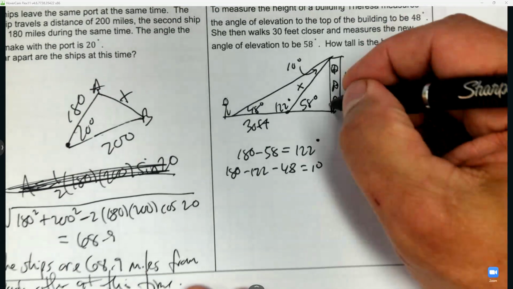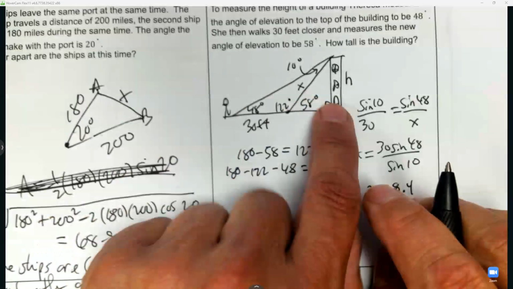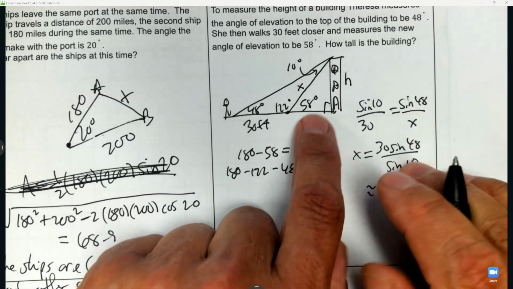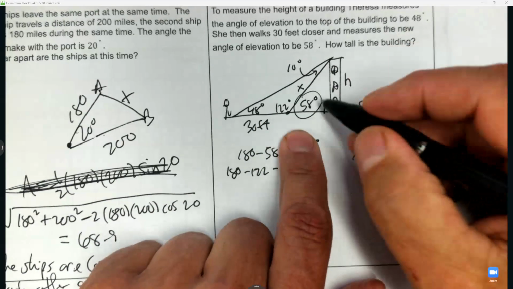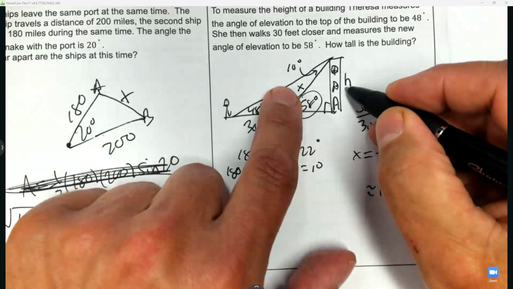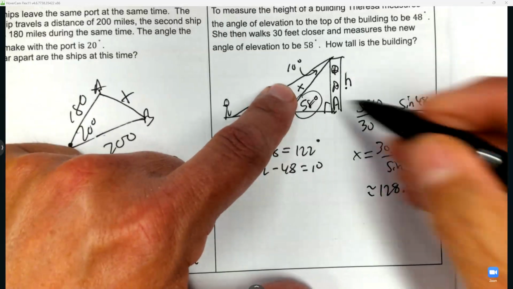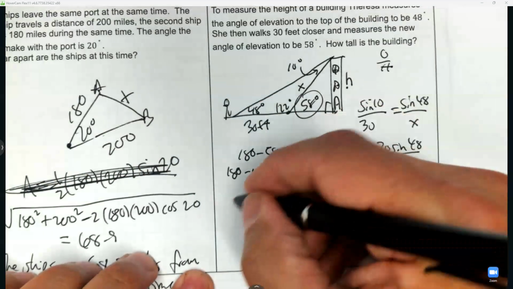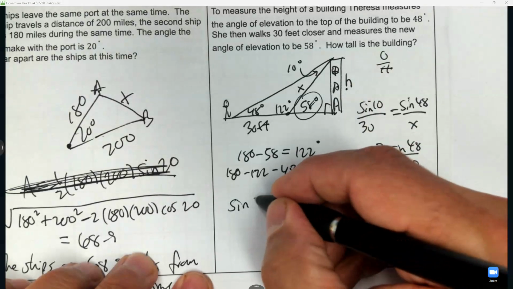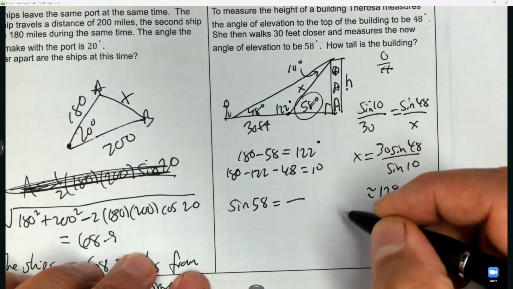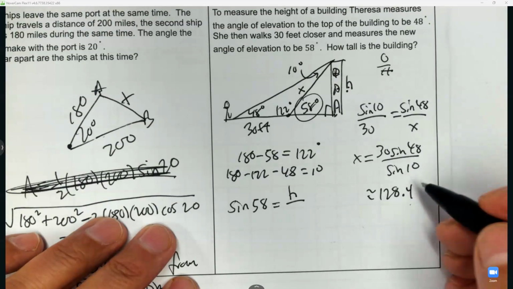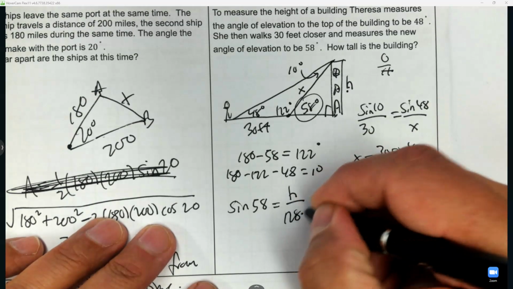Next, I'm now going to look at the triangle on the right to find the height. This is just a right triangle. So SOH CAH TOA. So this angle 58, h is opposite, and x, which I know now, is the hypotenuse. So opposite over hypotenuse is sine. So we're going to go sine 58 equals the ratio, and it's h, which is opposite, over x, which we said is 128.4.